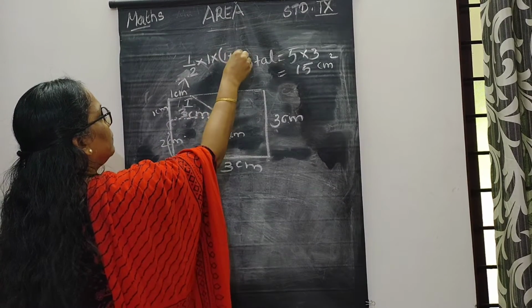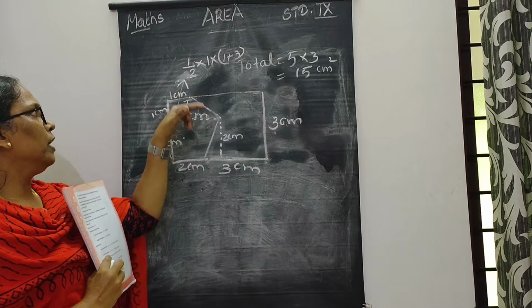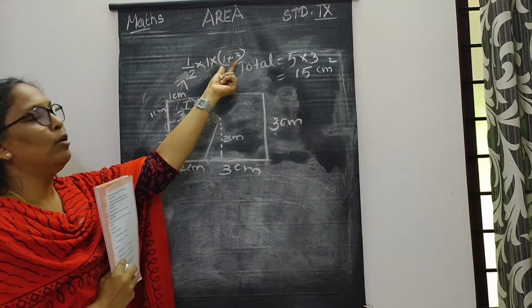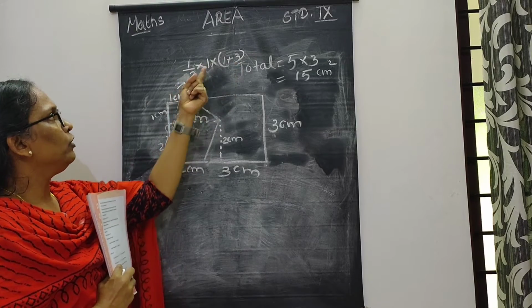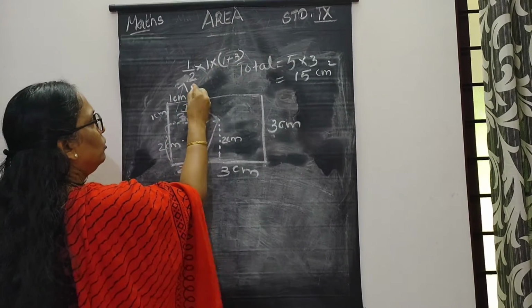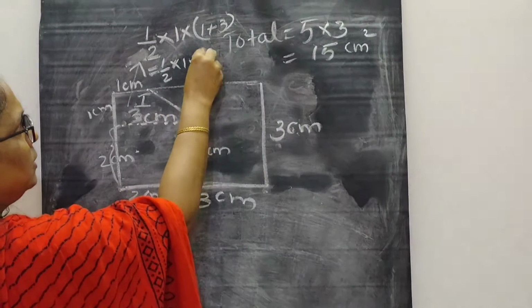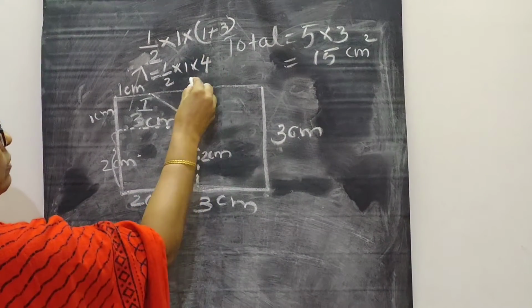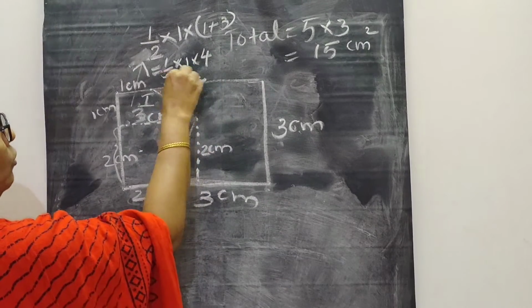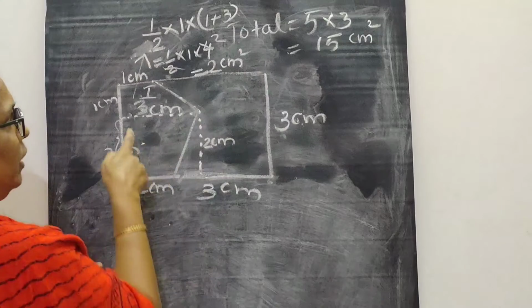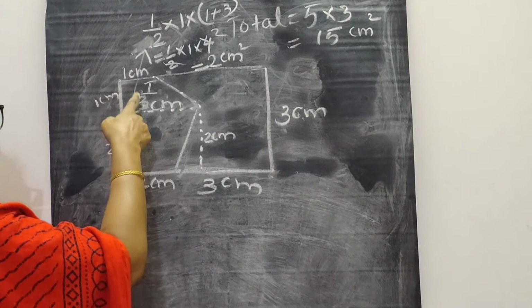So the area of the trapezium is half into height into the sum of the parallel sides. So half into 1 into (1 plus 3), that is half into 4, which is equal to 2 centimeters square. So the area of the first trapezium is 2 centimeters square.